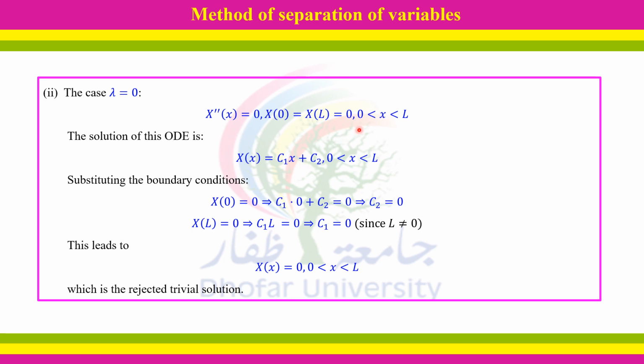Now we substitute the second boundary condition in L. So X(L) equals 0. It means that c1 L equals 0. And since L is not 0, then c1 is 0. And this leads again to the trivial solution, which is again a rejected solution.